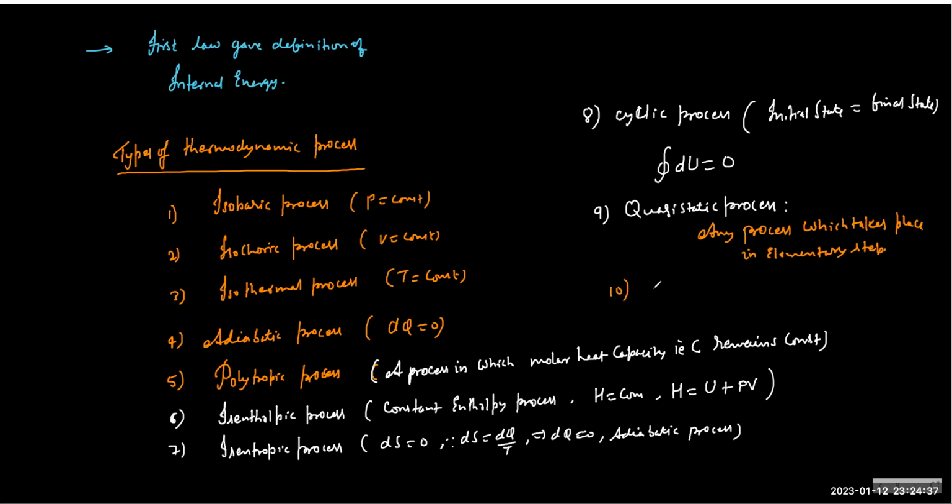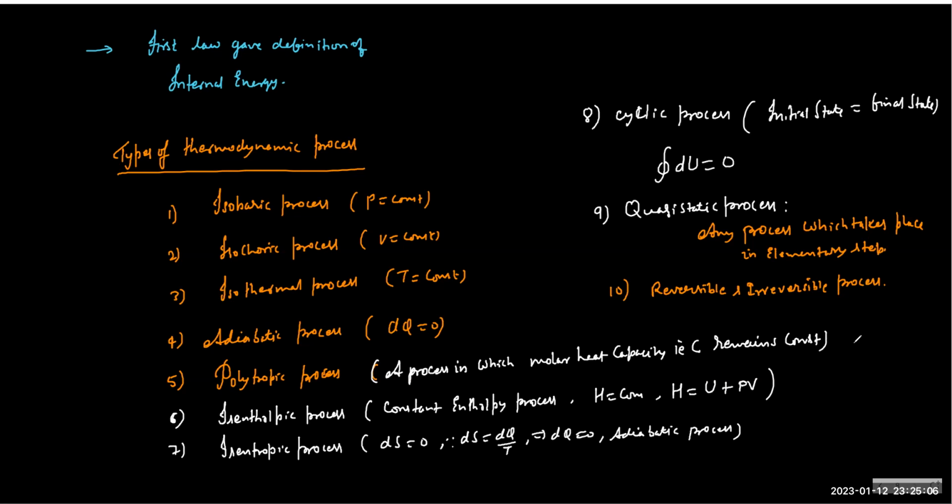Other name? Reversible. So what is a reversible process? If a process is reversible, then on reversing the conditions, we can retrace the original path.